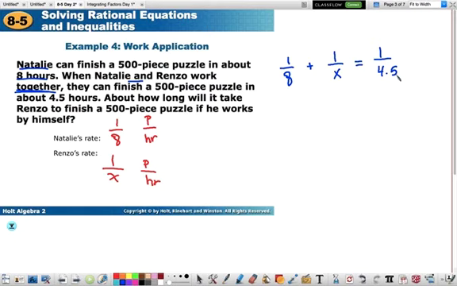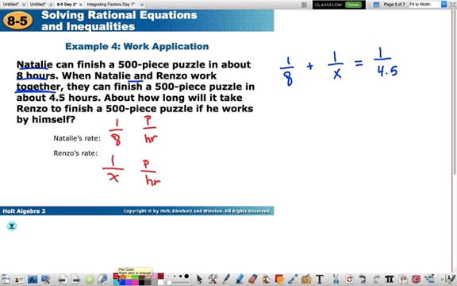Make sense? Okay. Now, there are different ways you can solve this. You can multiply by 4.5 to clear the denominator. You could turn this into one fraction. There are different ways to solve it. Do you want to try solving it on your own for a second? Okay. If not, I'm going to give people about a minute to try it. I suggest you do the same, and then I'll go through it.